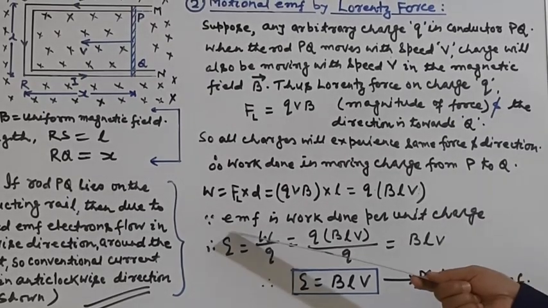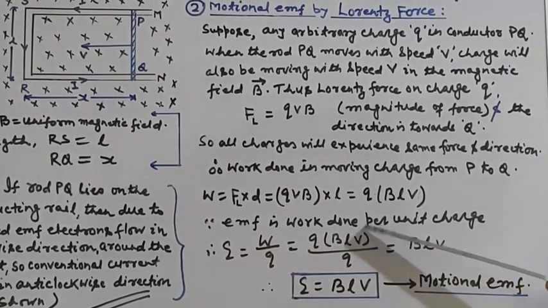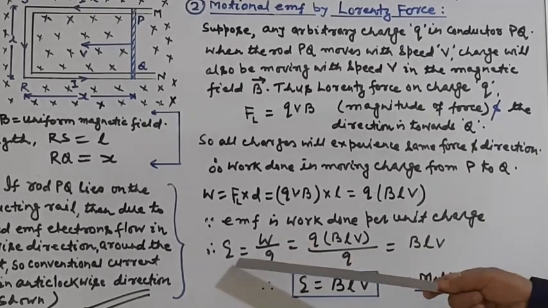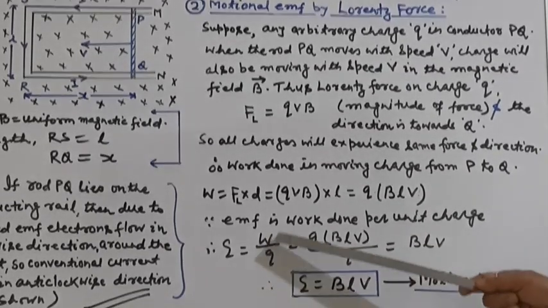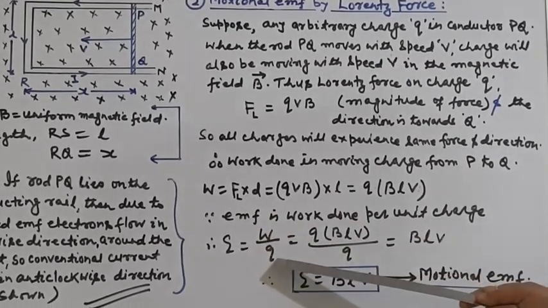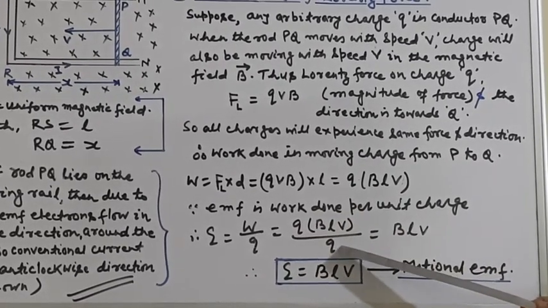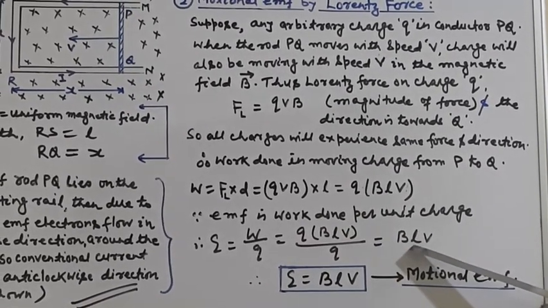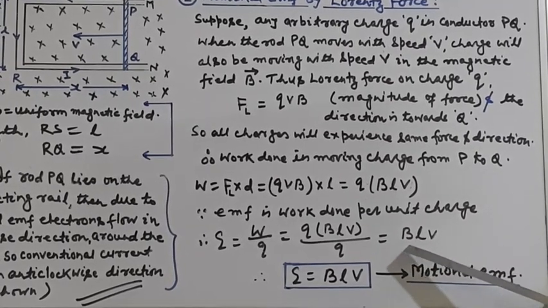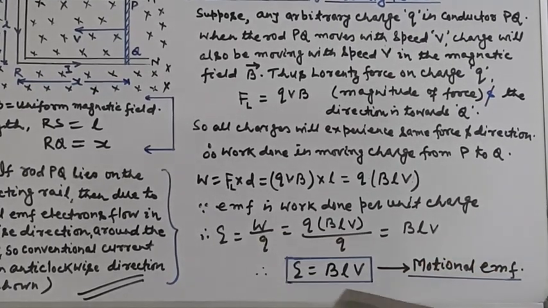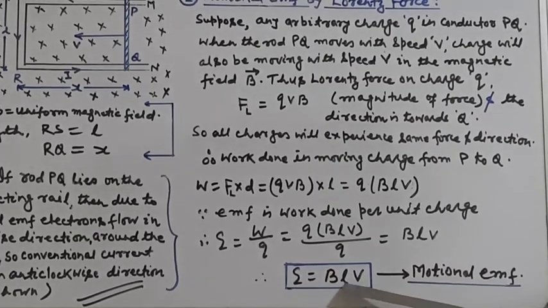So what is EMF? EMF is work done per unit charge. So EMF is equal to W by Q, where W is the work done and the charge is Q. The work done here is QVBL, so QVBL by Q becomes VBL. So this EMF is equal to BLV.